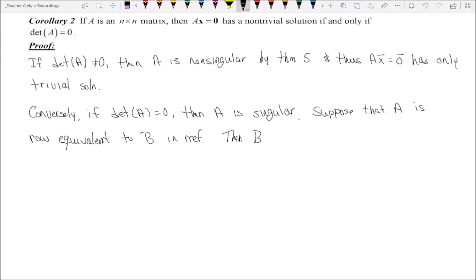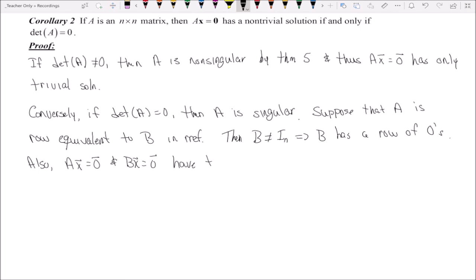Then B cannot be the identity matrix, which means that B has a row of zeros. Also, notice that the systems AX equals 0 and BX equals 0 have the same solution set.